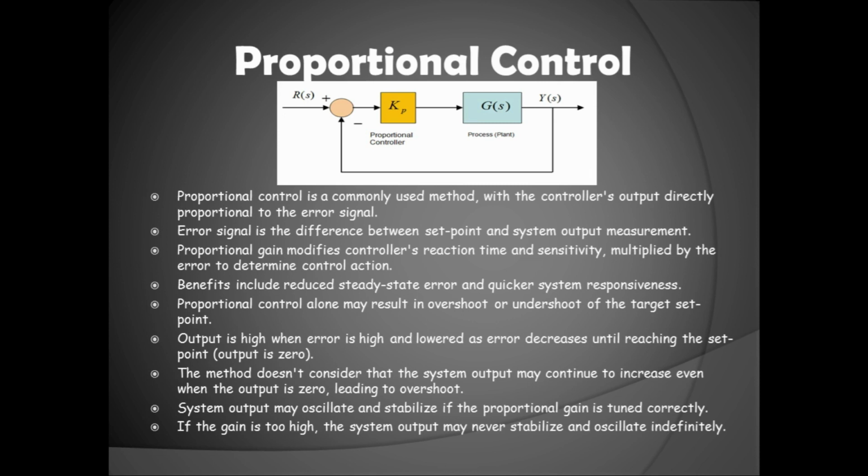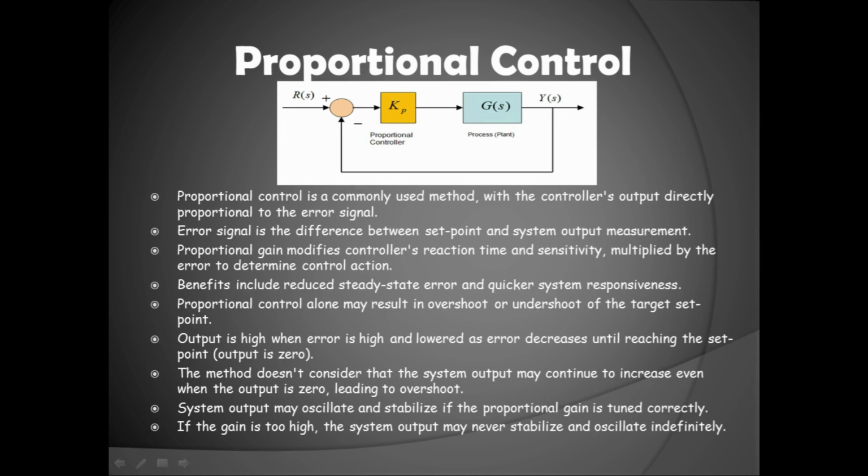In that case, the controller will attempt to lower the system output to reach the set point again in the same manner, causing an undershoot and so on until the system stabilizes. Depending on the system, if the proportional gain is tuned right, the system output will oscillate for a period of time and then stabilize. Nonetheless, if the gain is too high, the system output may never stabilize and will oscillate indefinitely.